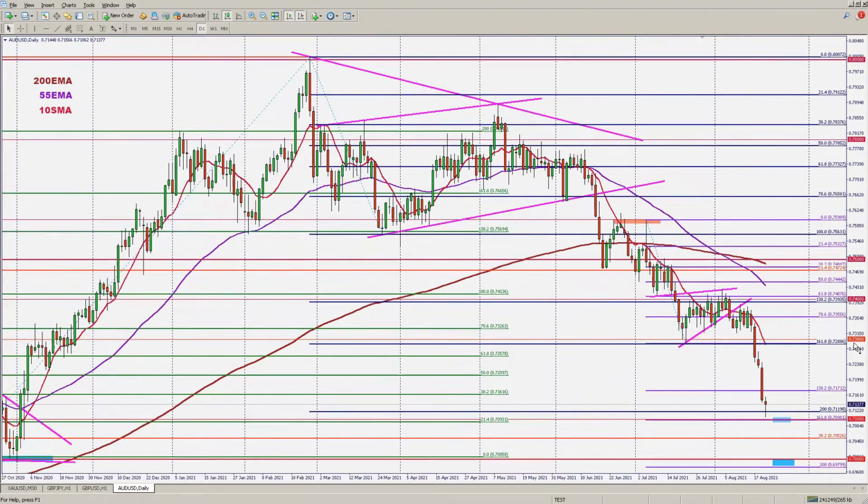So we see a confluence of two fibs here at the 200, which is this height of the head and shoulders, and the 162, which is this bearish continuation move, and that's at this zone here.